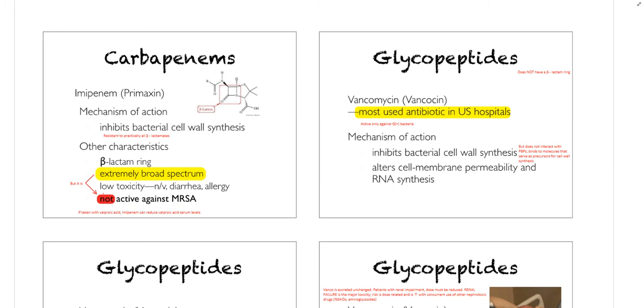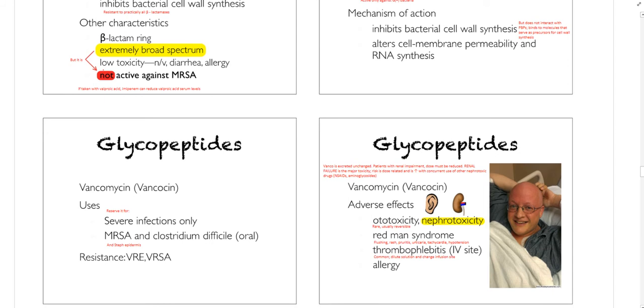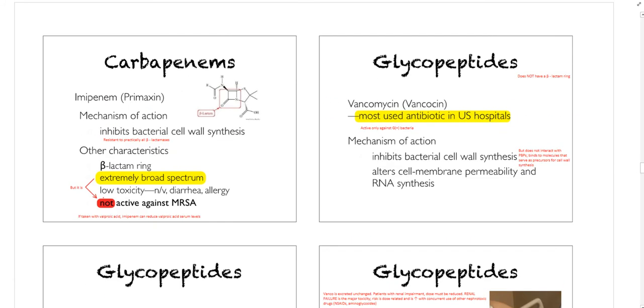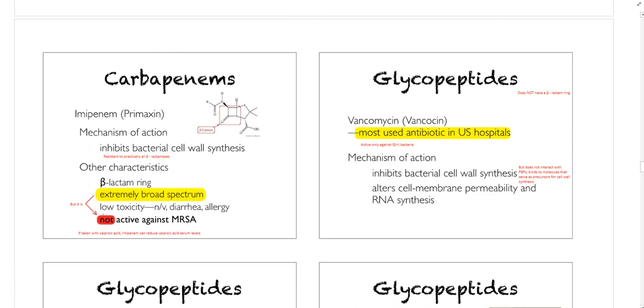Glycopeptides, vancomycin. I believe this was the first one, the only one that is not a beta-lactam ring. Oh yeah, right there. No beta-lactam ring. And it is the most used antibiotic in U.S. hospitals. But it's only active against gram-positive bacteria. So same idea here. Inhibits cell wall synthesis, leading to explosion, basically.